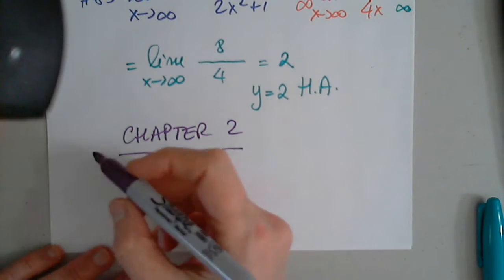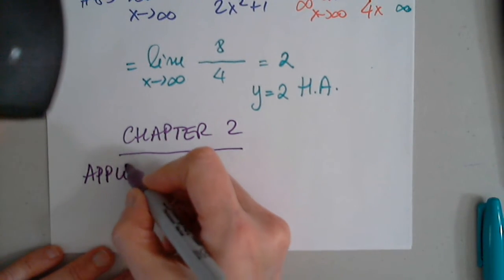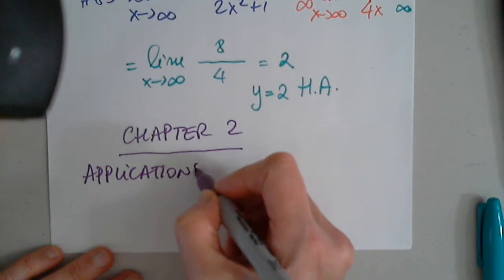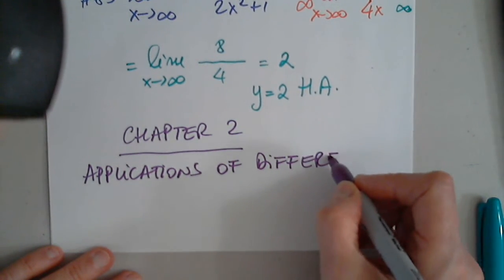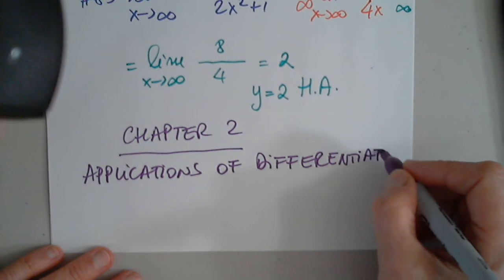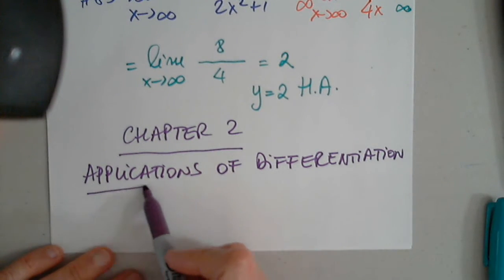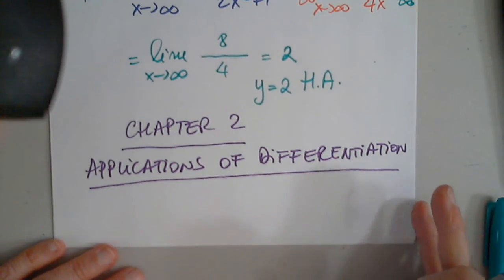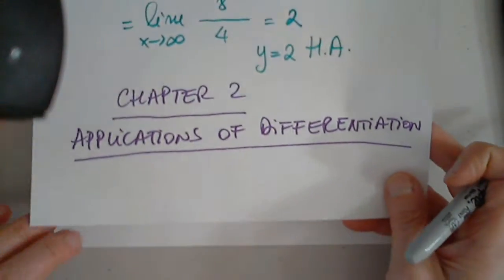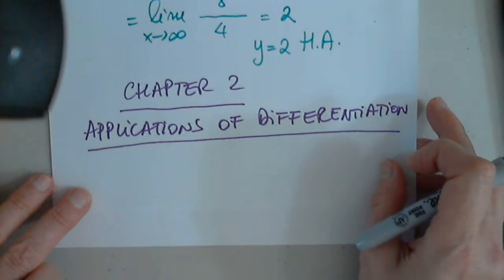Okay, chapter 2, we are going to look at applications of differentiation. In other words, why did we study chapter 1? What is it for? And we have many applications here.